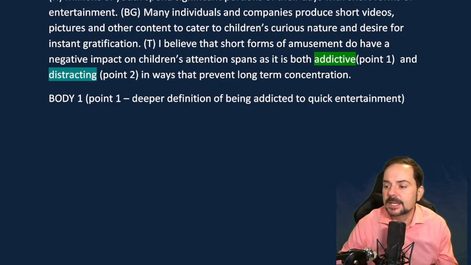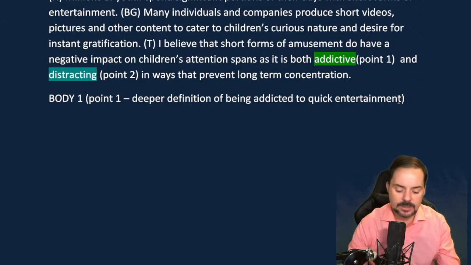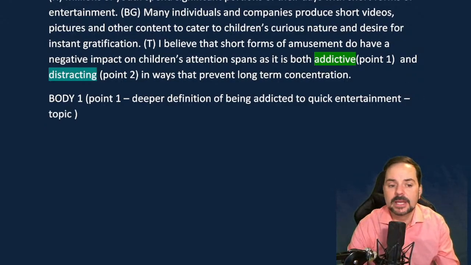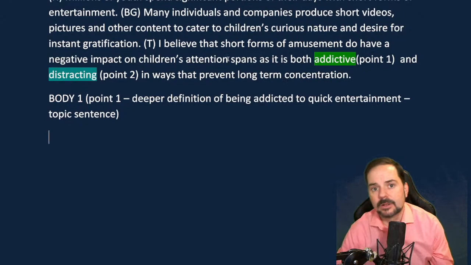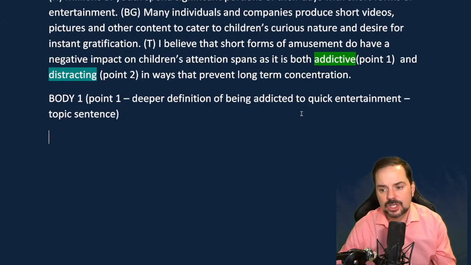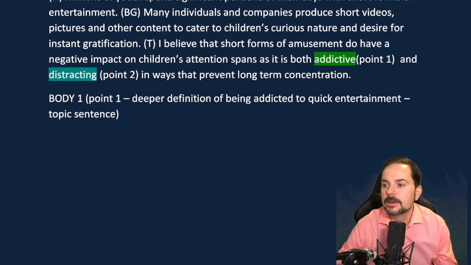So let's see what you come up with for your topic sentence, okay? So this first deeper definition of point one, this is your topic sentence, all right? The topic here is it's bad because it's addictive and it leads to problems with concentration.